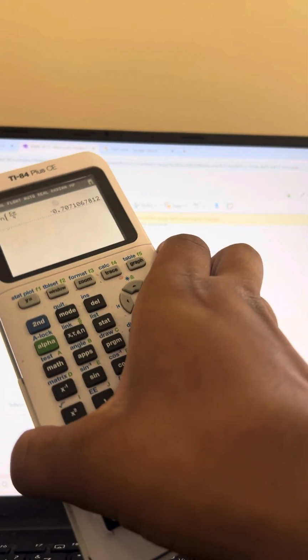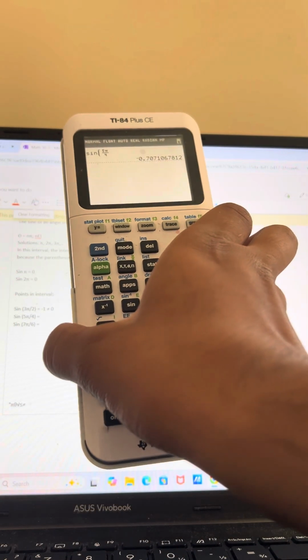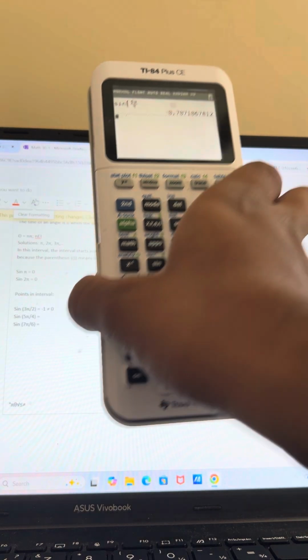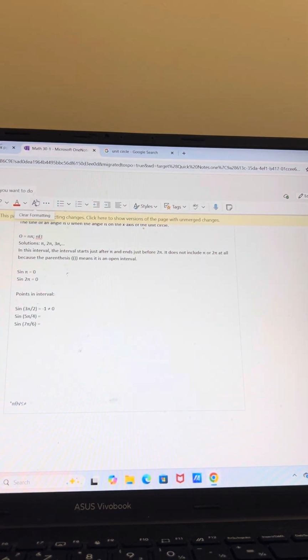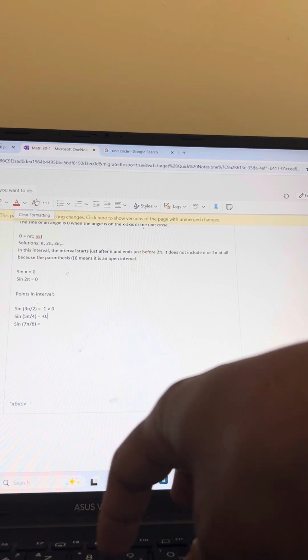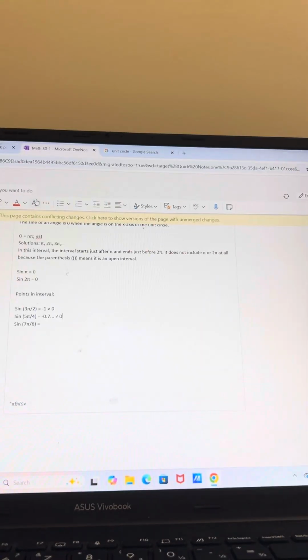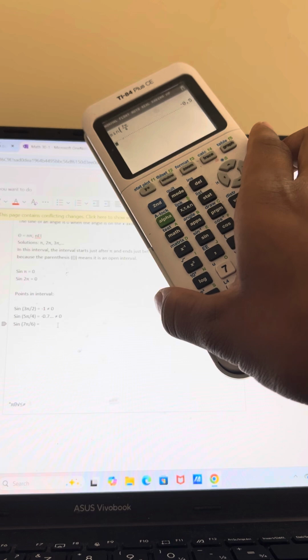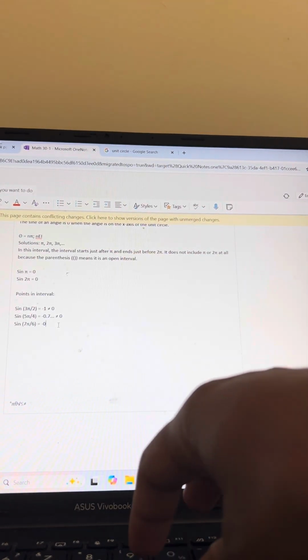It's not close to 0. Well, it's not quite 0. It's -0.7. This is not equal to 0 either. And finally 7 pi over 6. This is equal to -0.5, which is not equal to 0 either.